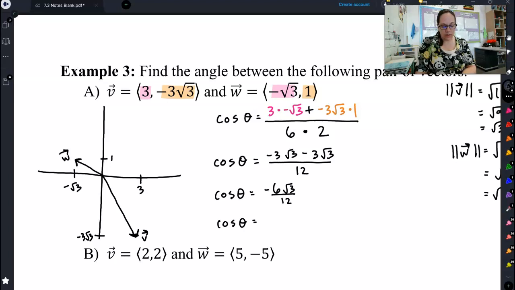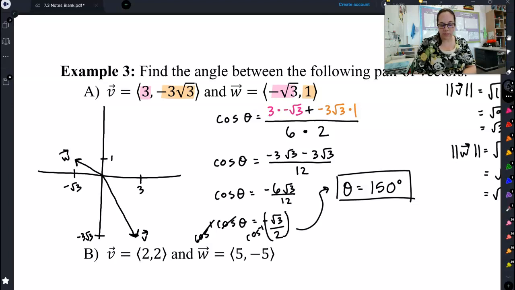Or negative 6 divided by 12, I could simplify that to negative root 3 over 2. And we can take the arc cosine of both sides to get theta by itself. And that's going to give me, if I just type that into my calculator, 150 degrees.